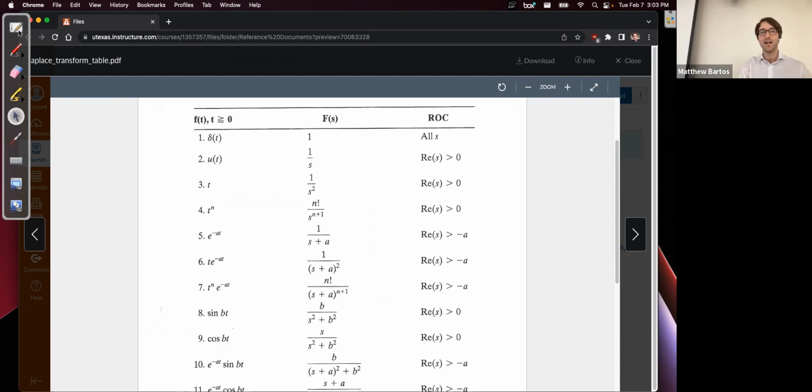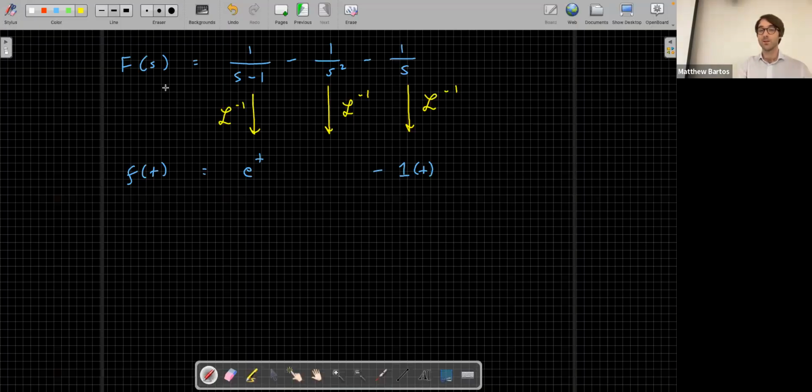And this is going to have important implications on Thursday's class for stability. We're going to have to worry about what repeated roots might do for the stability of our system. And we'll talk a bit more about it on Thursday.